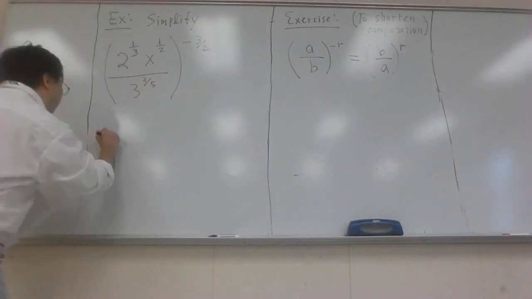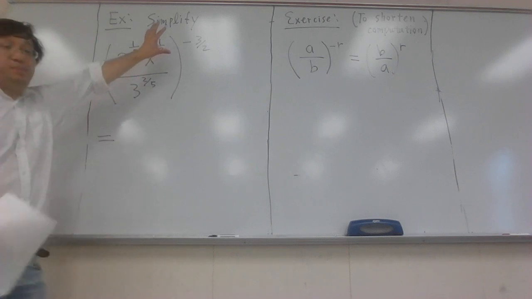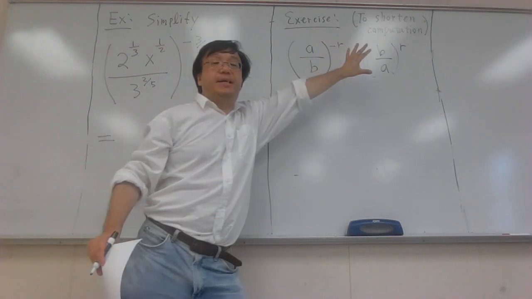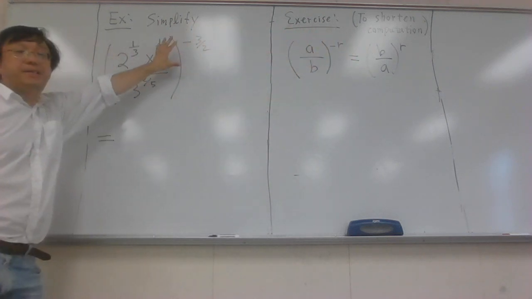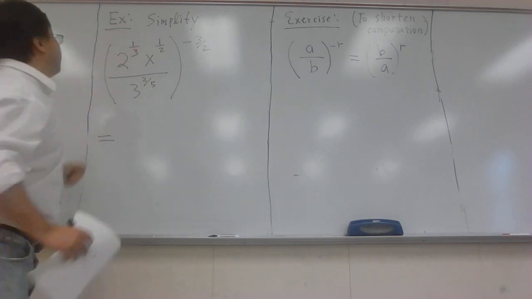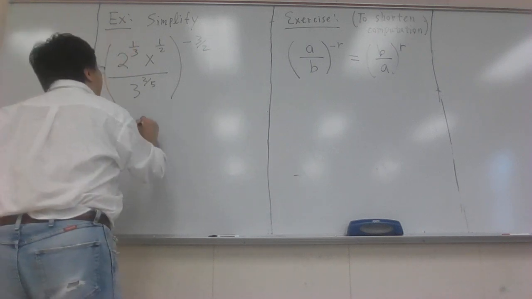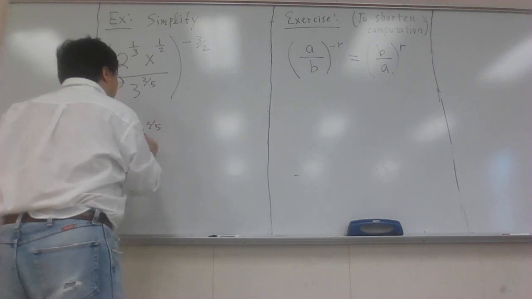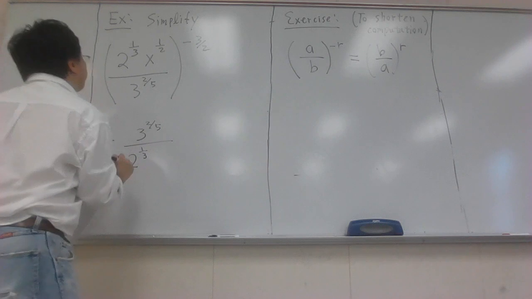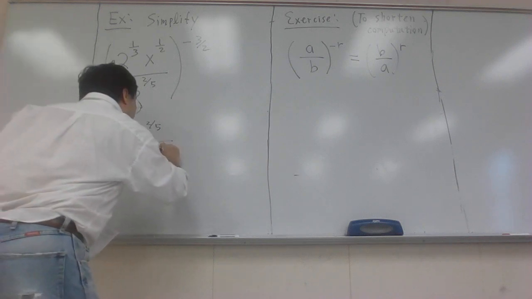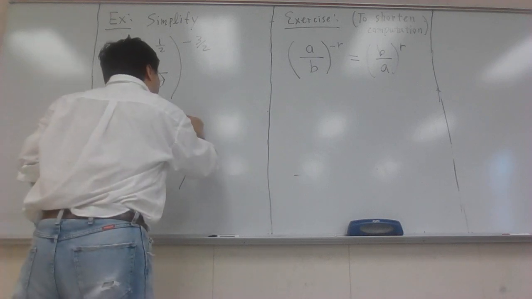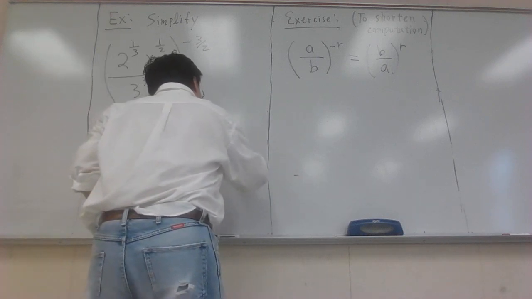So then you can make this power positive, and by the exercise, to make this power positive, you have to flip everything inside the parentheses. So this is equal to 3 to the power of 2/5 divided by 2 to the power of 1/3 times x to the power of 1/2, and the whole thing to the power of 3 over 2.